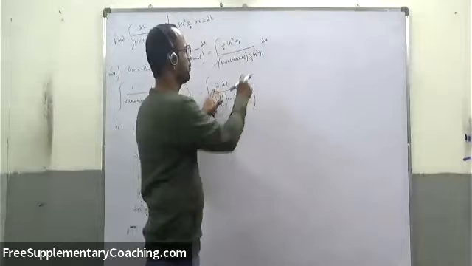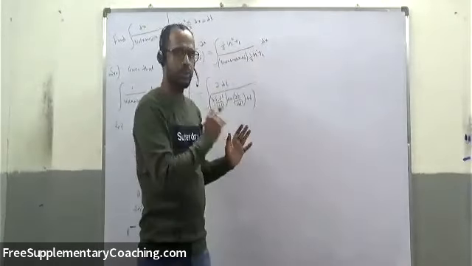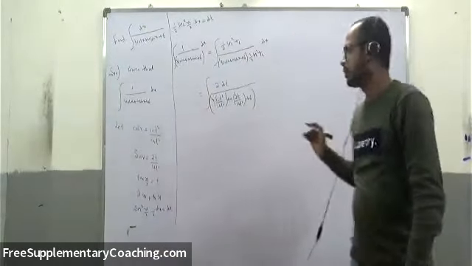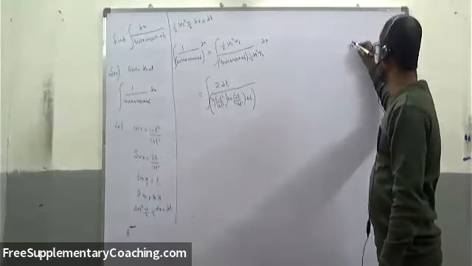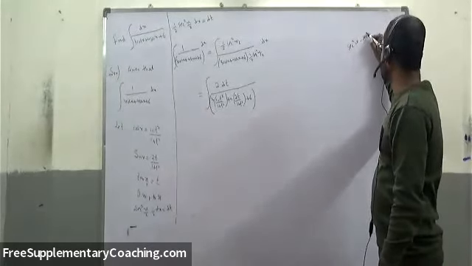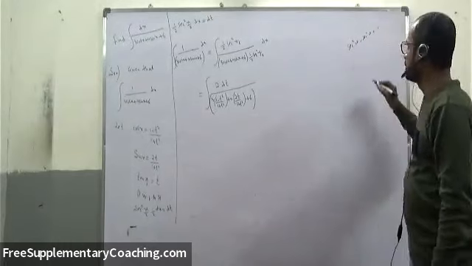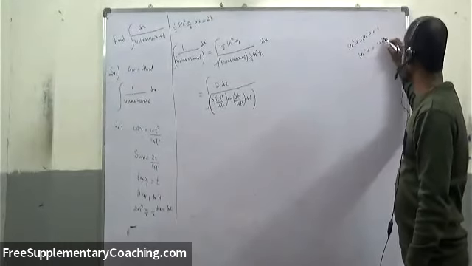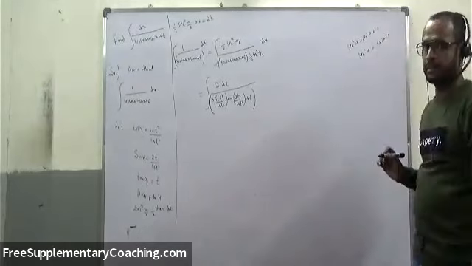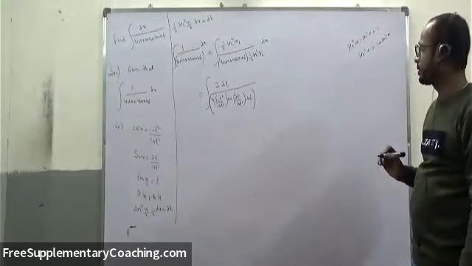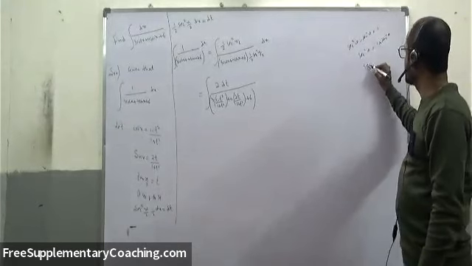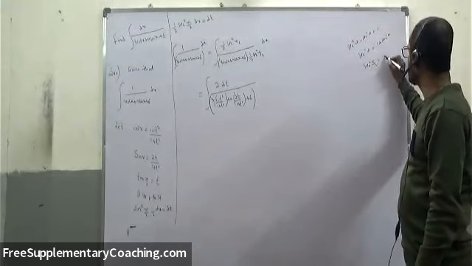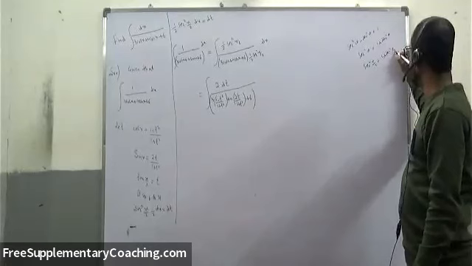Now, secant square x by 2. Look at here. We know that secant square theta minus tan square theta is equal to 1. So secant square theta, I can write as 1 plus tan square theta, right? So secant square x by 2, I can write as 1 plus tan square x by 2.